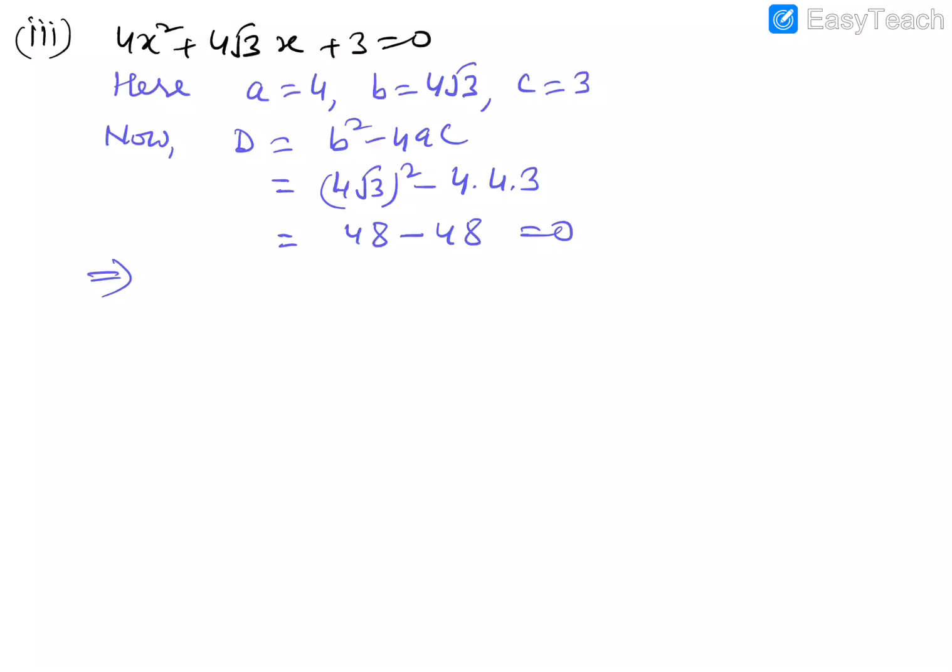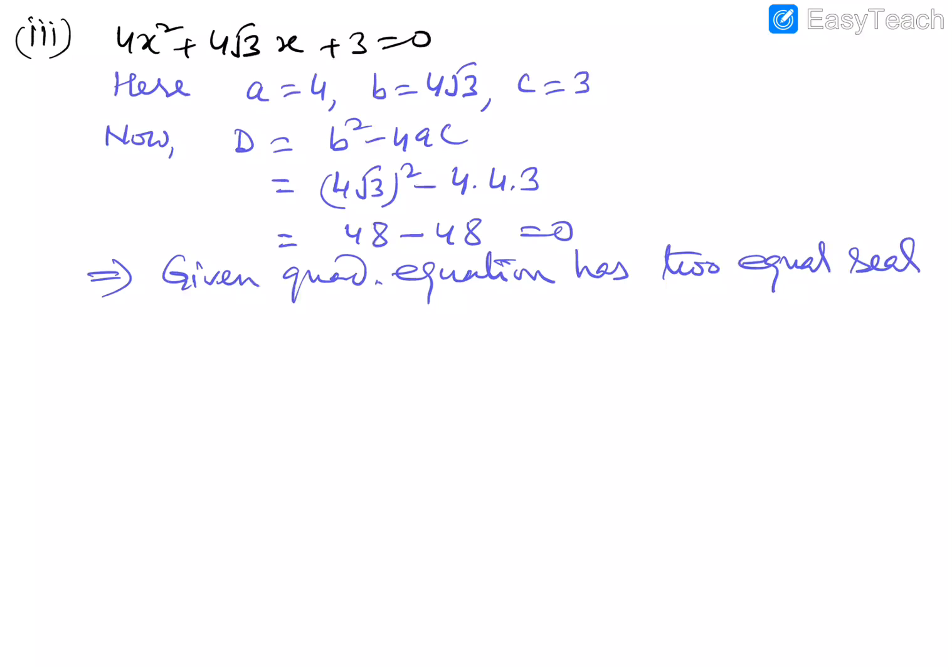So, this implies that given quadratic equation has two equal real roots. Because this is the condition, if D comes out to be 0, then the quadratic equation has two equal real roots.